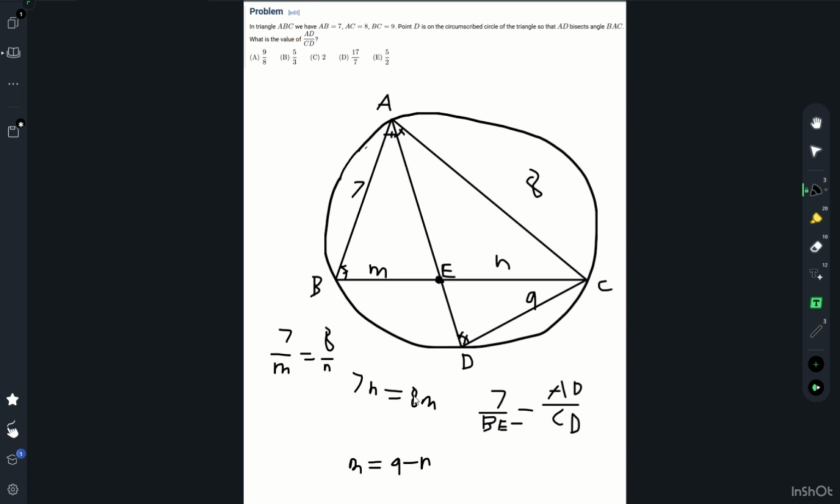Because of this, we also know what M is, so we have 72 minus 8N. So 7N will equal this. So 15N equals 72. So N equals 72 over 15, which is over here.